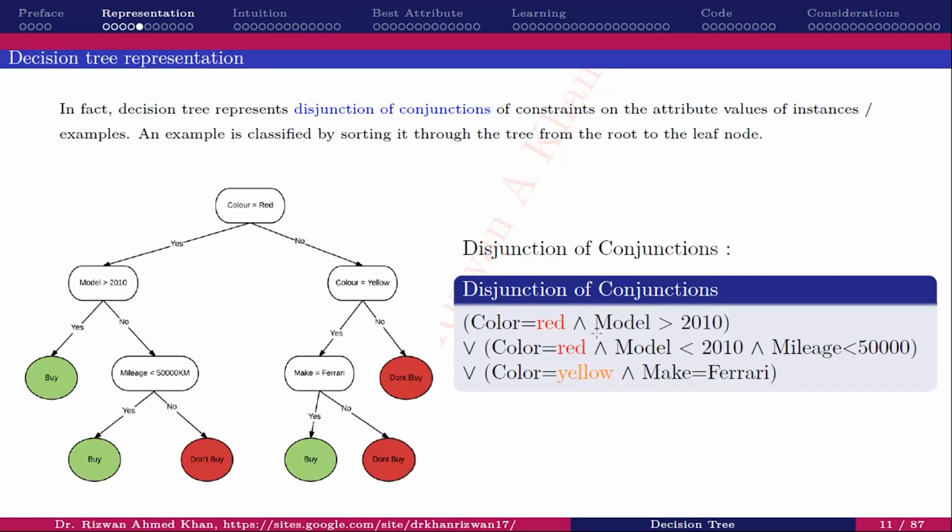So if color is red and model is greater than 2010, then buy, or color is red and model is less than 2010, so we reach over here, and mileage is less than 50,000, so we go over here, then we buy, or color is yellow, we reach over here and make is Ferrari, we reach over here, then buy, right? So in three statements, we just represented this tree in terms of disjunction of conjunctions, right?